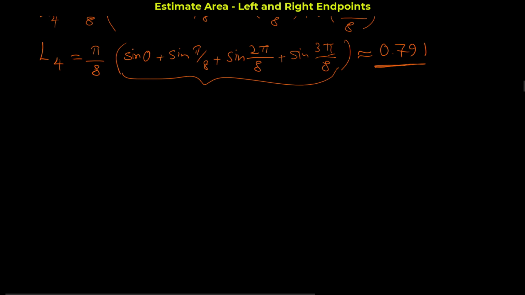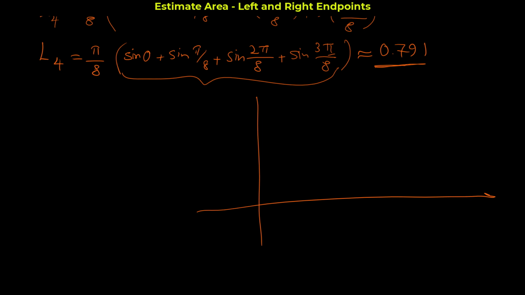Let me show you when we use the left endpoints. Actually, we are calculating the area of each rectangle. Here is pi over 2. We make 4 rectangles, 1, 2, 3, and 4 is here. For each of these widths that we have here for the rectangles, we want to use the left endpoint, so we use this point for the first rectangle.